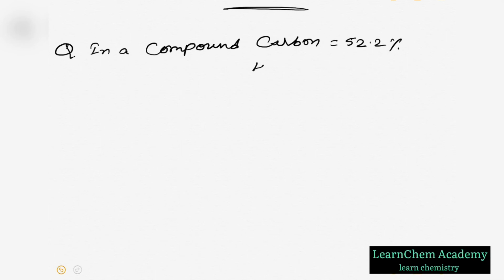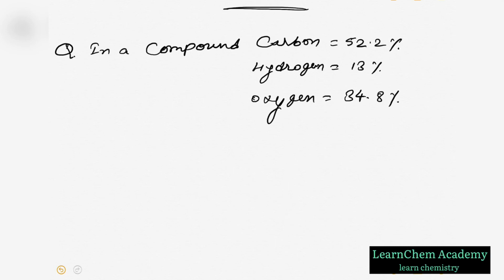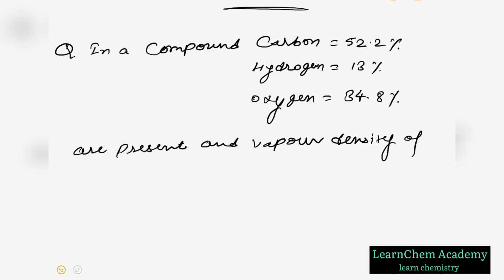The question is: in a compound, carbon is 52.2%, hydrogen is 13%, and oxygen is 34.8% are present, and the vapor density of the compound is 46.